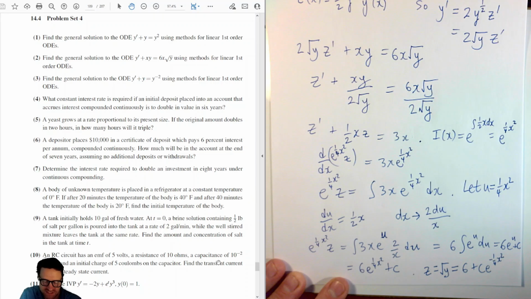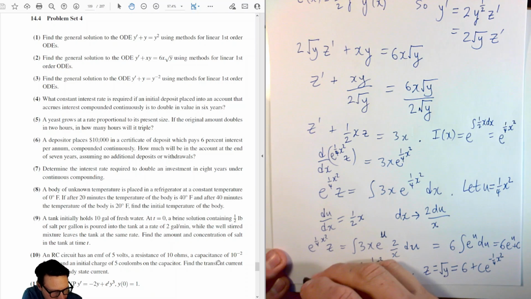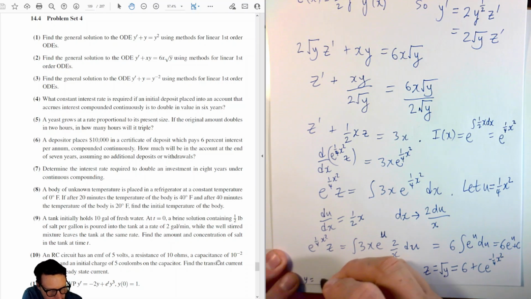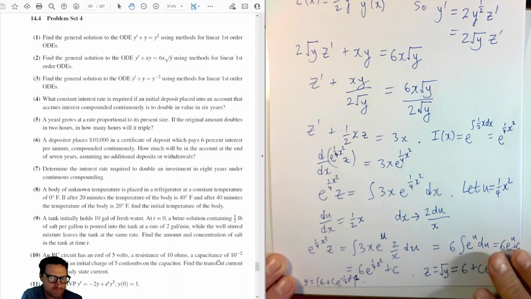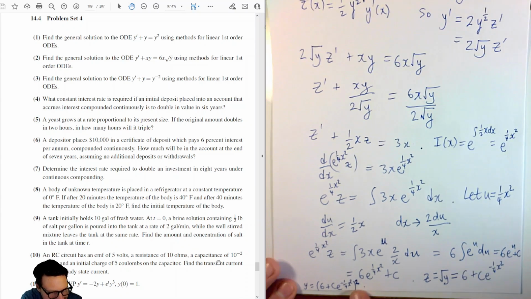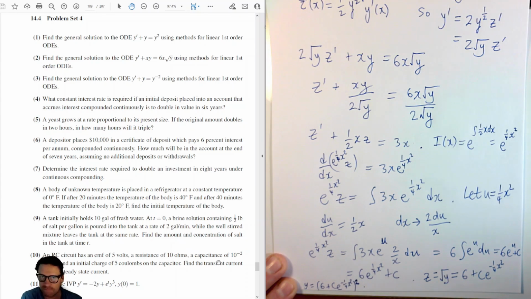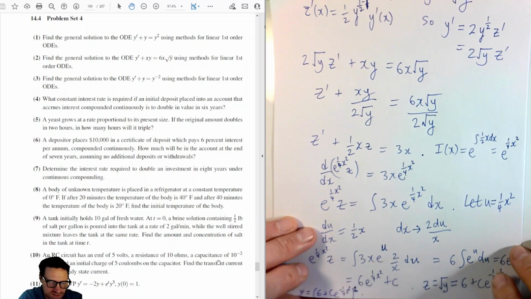And so if we square both sides, we'll get our general solution. Let's see if I can fit it in here. y equals the square of this. So 6 plus c e to the minus 1/4 x squared, and then that's all squared. Okay, a bit hard to see, so 6 plus c e to the minus 1/4 x squared, all squared. Okay, and that completes question 2.